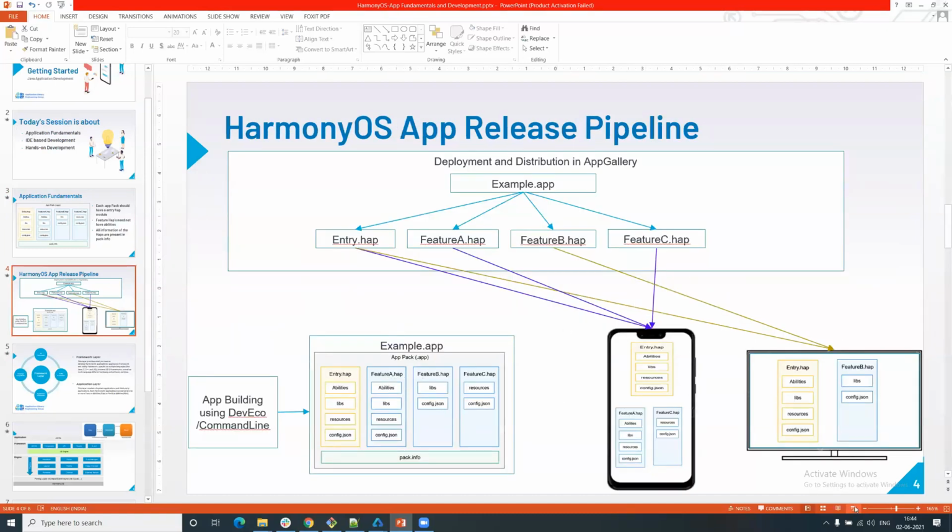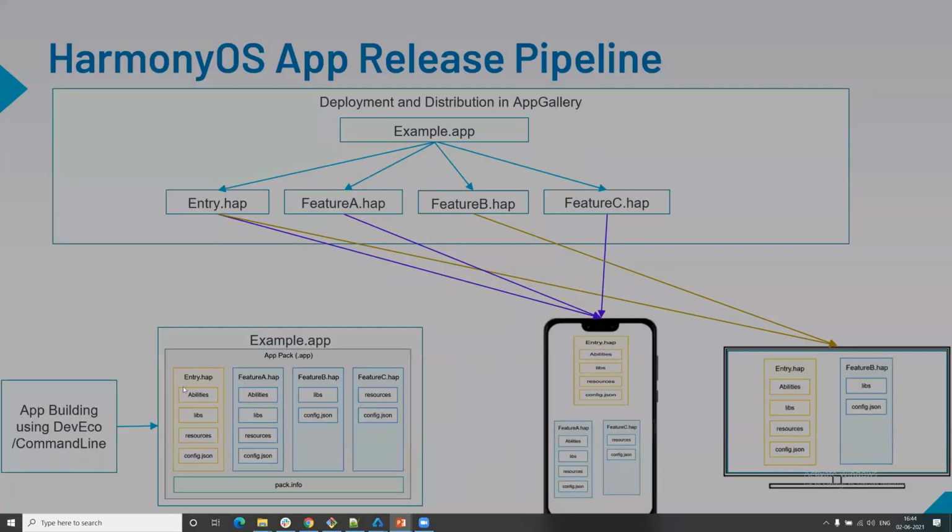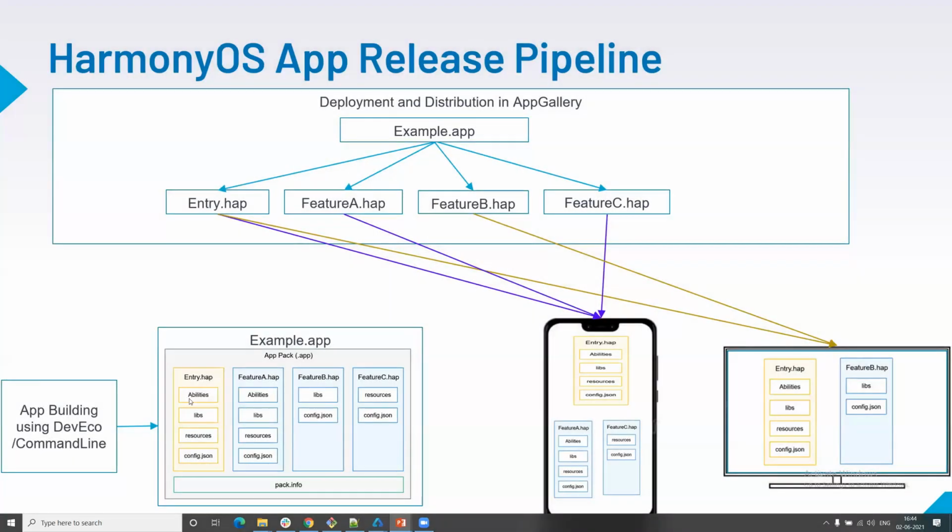There needs to be one entry HAP which needs to have an ability, and you can have different types of abilities or features that can be launched directly from the entry. So in this case, this can be written in Java or JavaScript. These also can be written in different languages. So these are independent functions that can run directly on the device or on the suitable hardware.